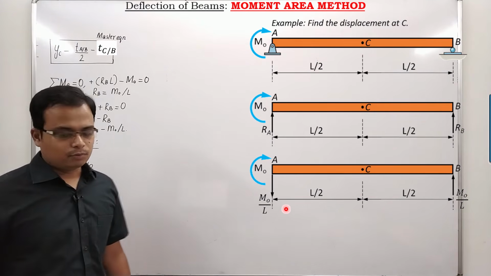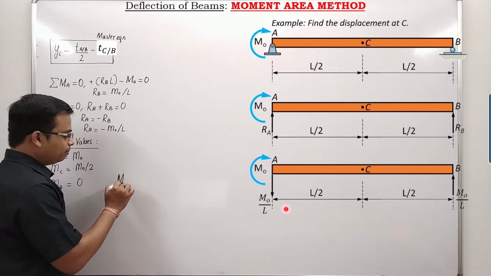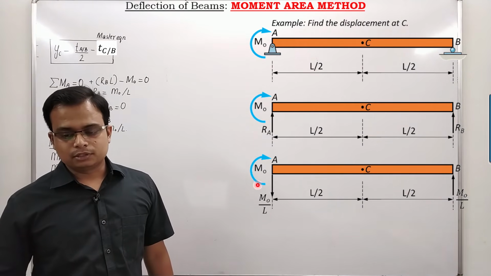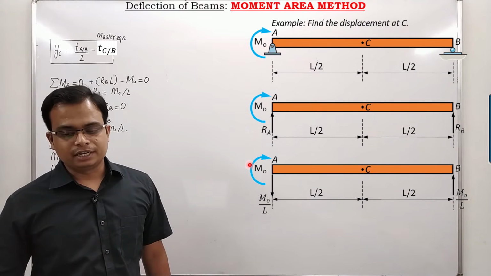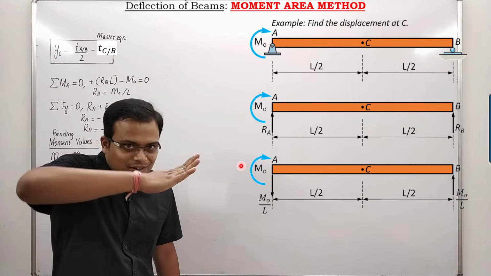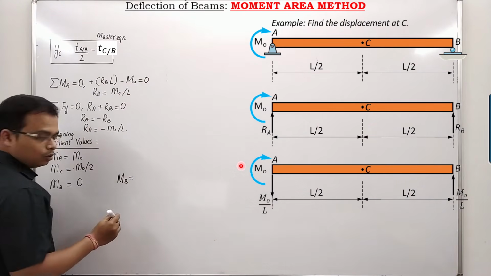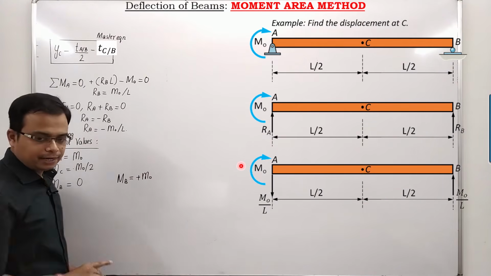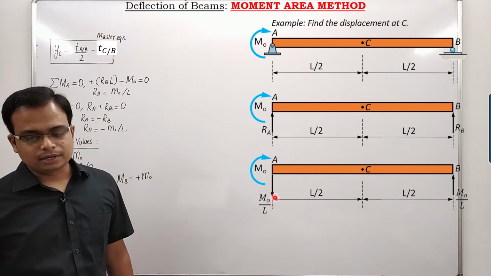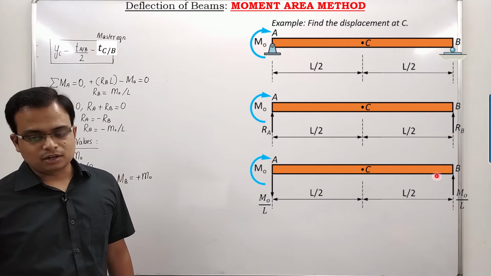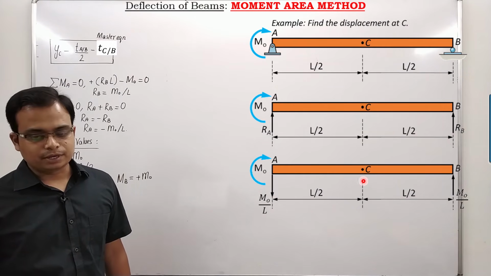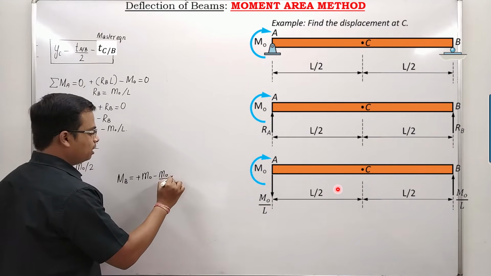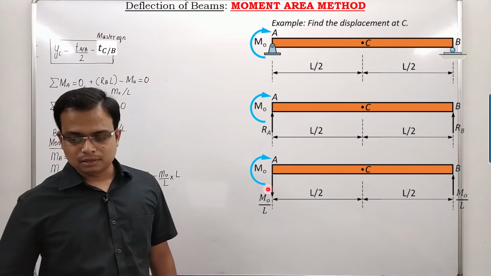Just take a look. What do we need to find? We need to find the moment at B. Just take a look. This is clockwise. The nature is it will try to bend the beam in this fashion, sagging case. So obviously this is going to be plus M naught, right? Then you've got this. So it will try to bend the beam in this fashion, hogging case. So that is going to be minus of M naught over L multiplied by L. It's that simple, right?